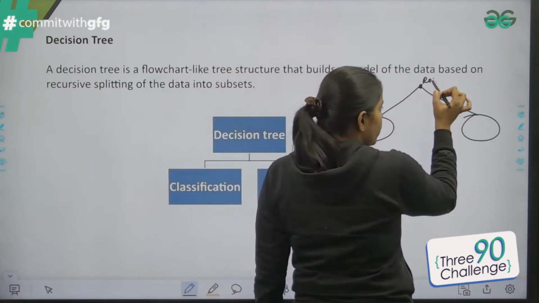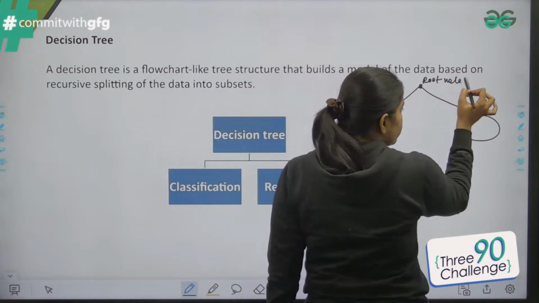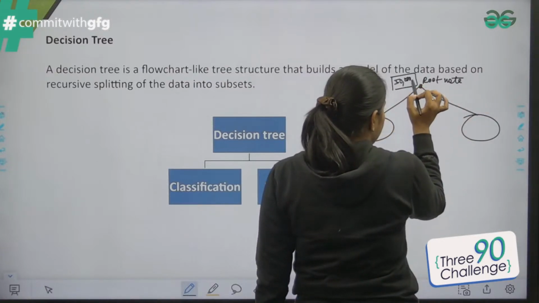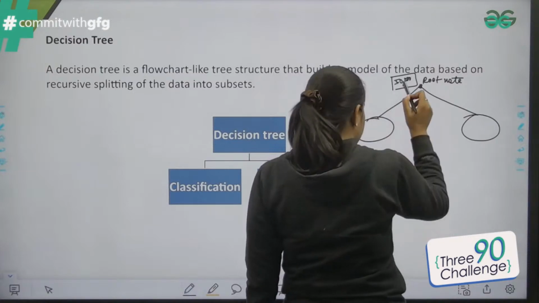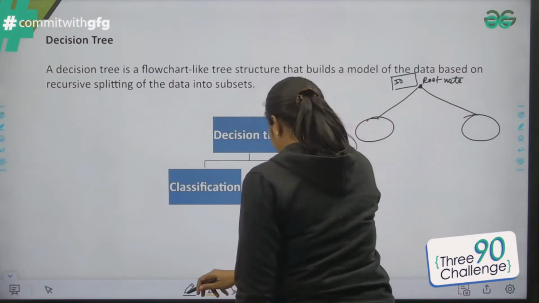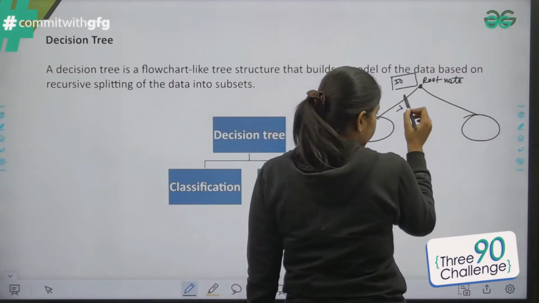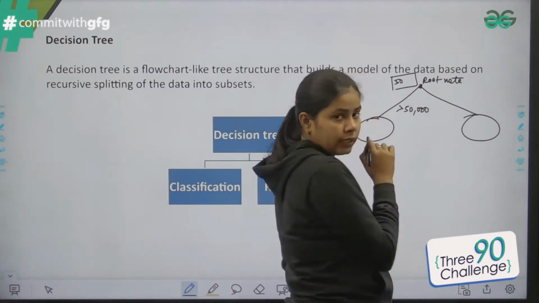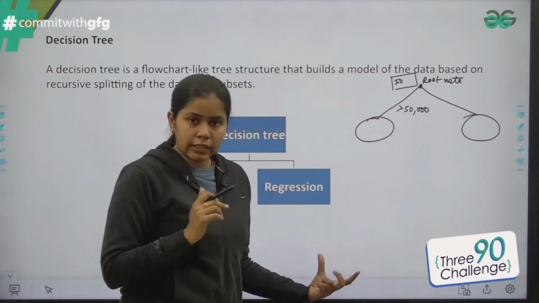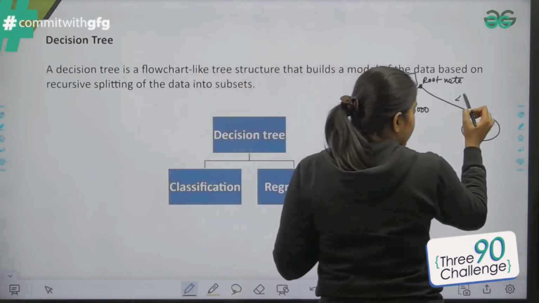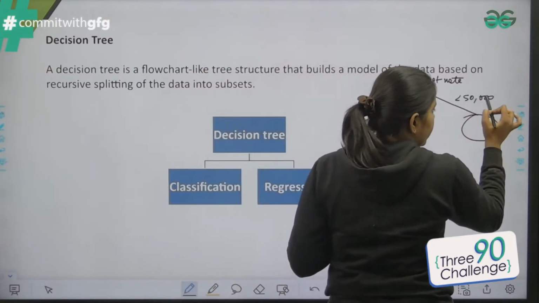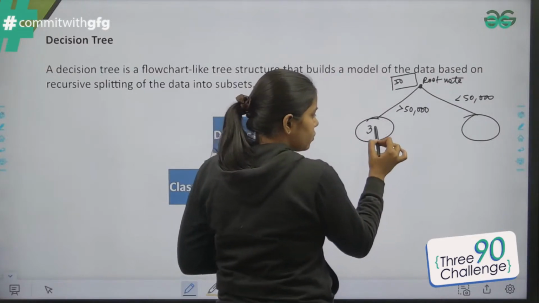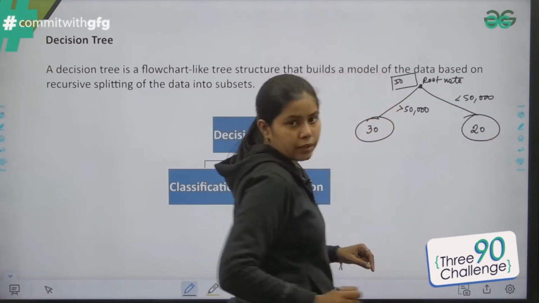This is a root node, and in this root node we have 50 students in total. Then we have one condition: they get greater than 50,000 salary, or they get less than 50,000 salary, right? And let's say we get 30 students here, and 20 students here, right?